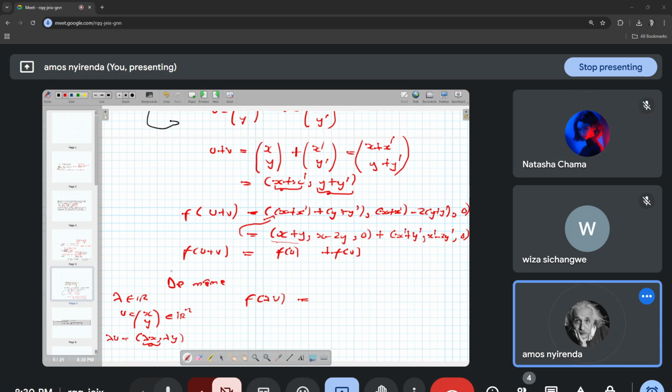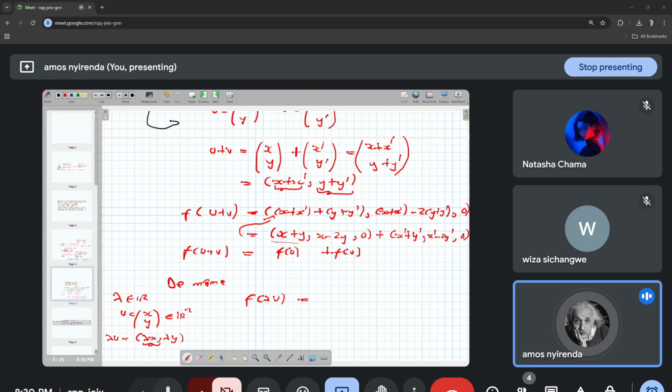So for the second property, we're supposed to show that f of lambda multiplied by u is equal to lambda multiplied by f of u. So we know that u is an element of R2, or a vector in R2, meaning it has two components, an x component and a y component. Lambda multiplied by u is scalar multiplication.